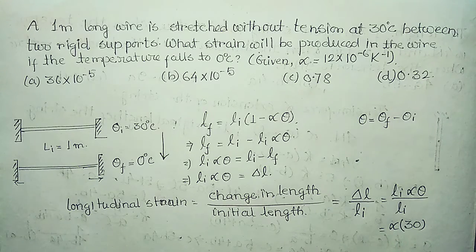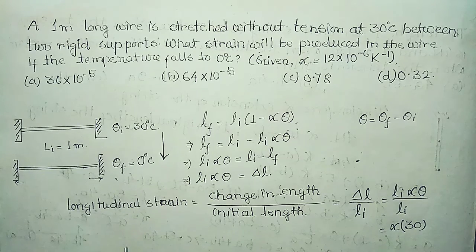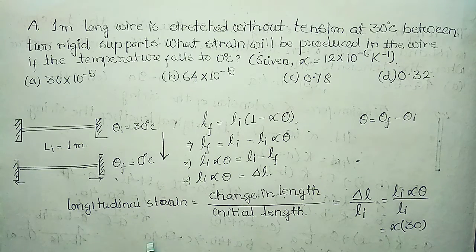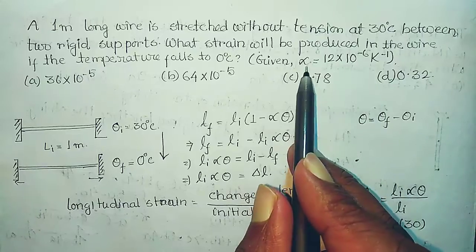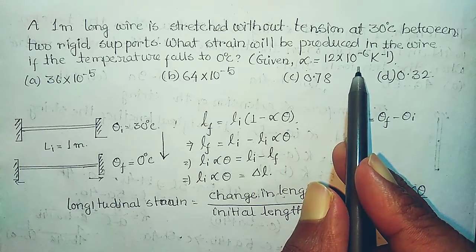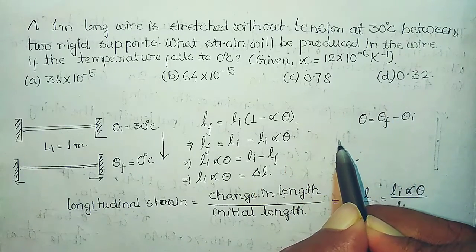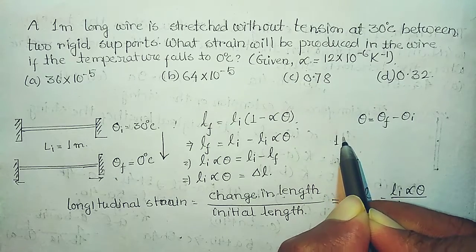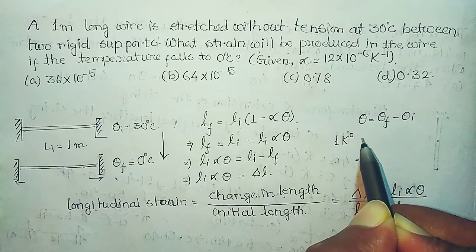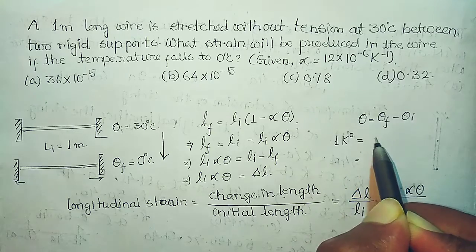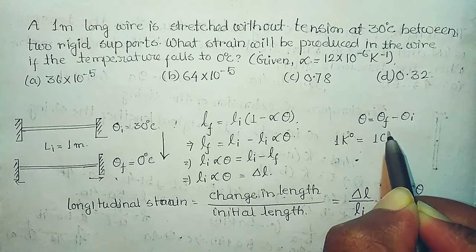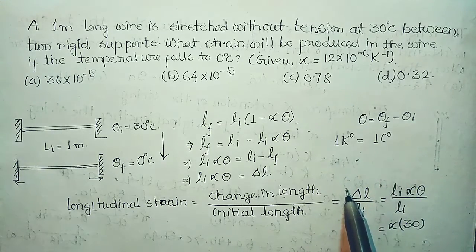Here the temperature is taken in degree centigrade, but alpha, the temperature coefficient, is in Kelvin inverse. You need to know that the temperature difference in Kelvin scale is equal to the temperature difference in Celsius scale. They are the same.